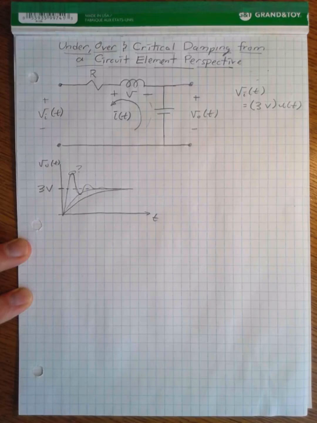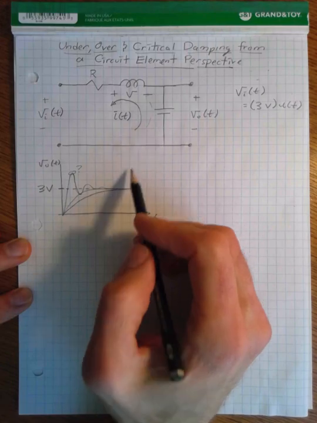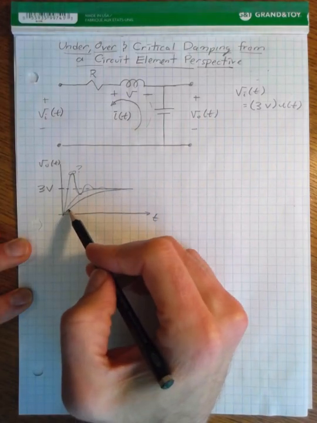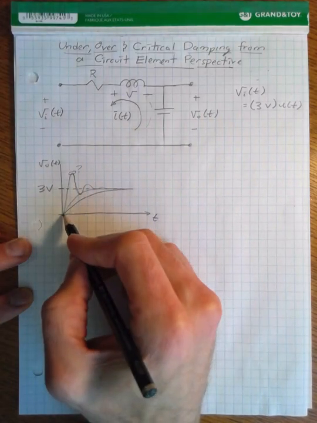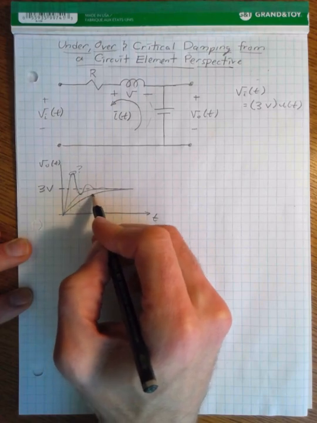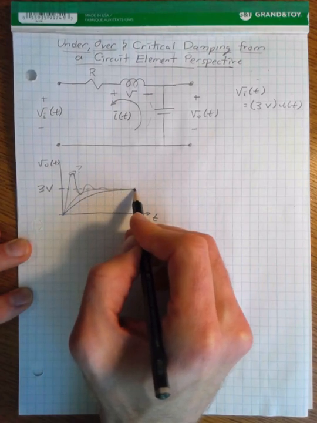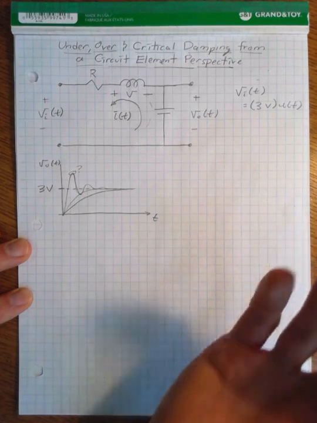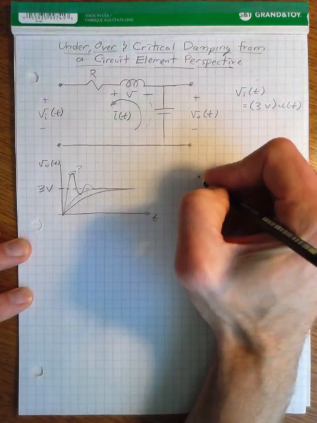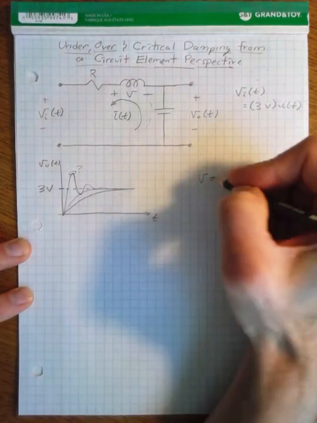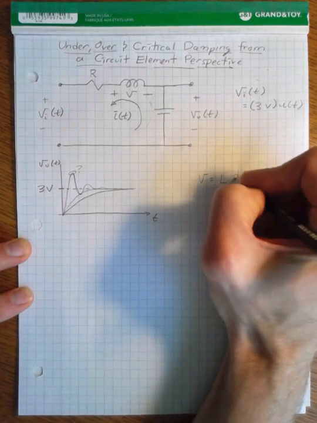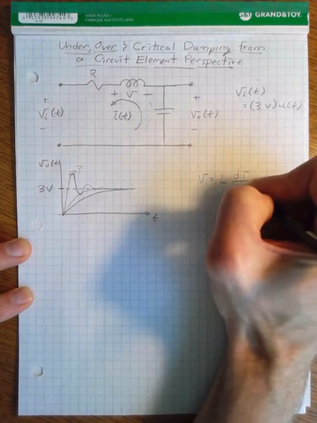Well, in the overdamped case, the capacitor is really, really large, much larger than it is in the underdamped case relative to the size of the inductor. And that means that the capacitor charges a lot more slowly, and the voltage increases much more slowly because of that. So we know that for an inductor, the voltage across the inductor is related to the rate of change of the current.